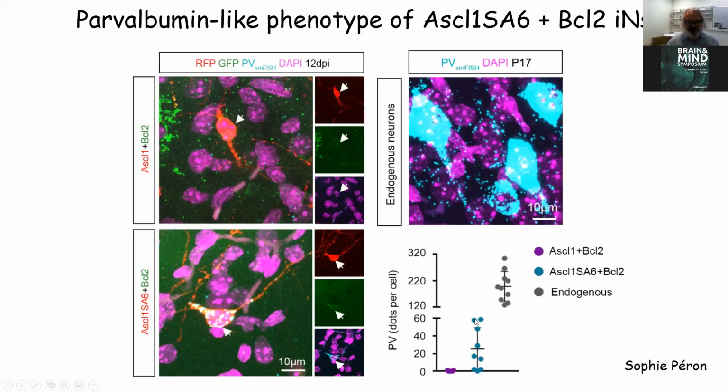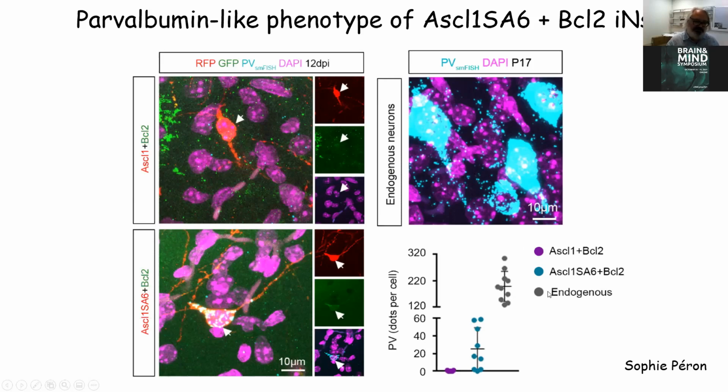And here we see actually many more cells expressing parvalbumin on the messenger RNA level compared to the protein level, but the levels are dramatically lower compared to endogenous neurons. So here you see endogenous PV neurons that express levels of this messenger RNA higher by an order of magnitude.